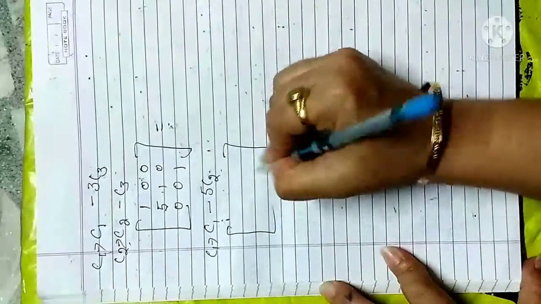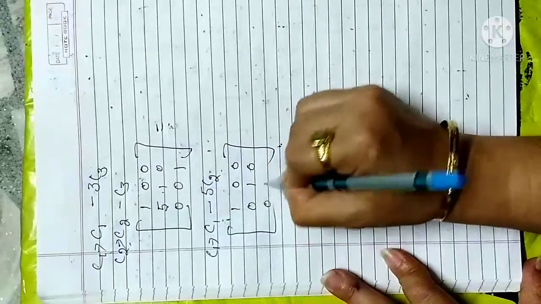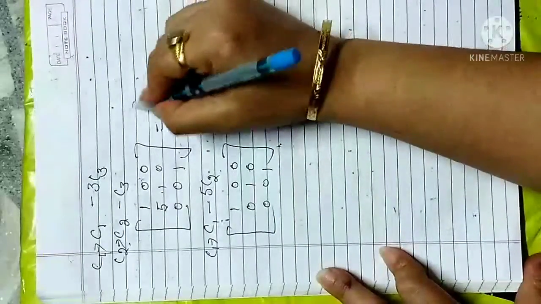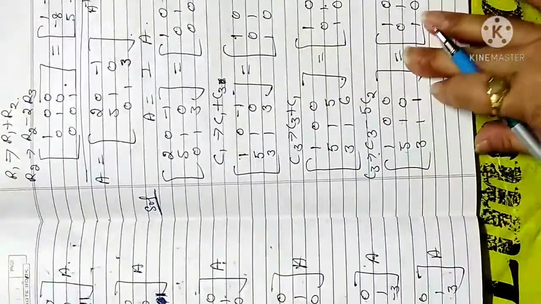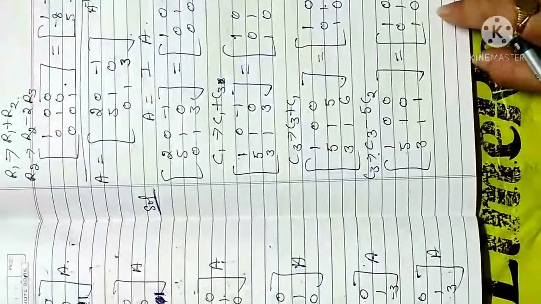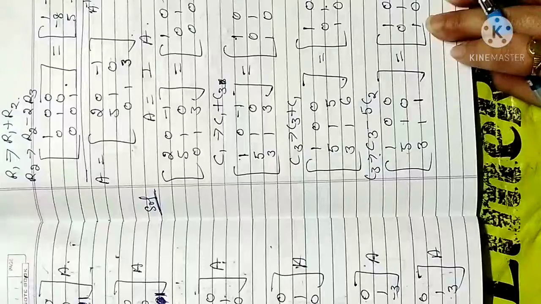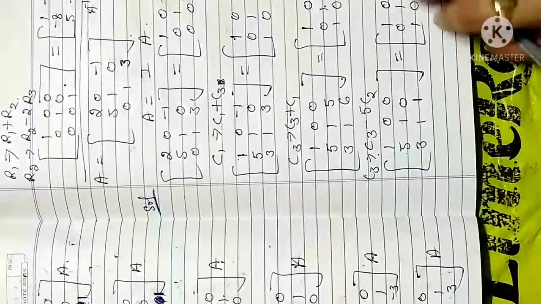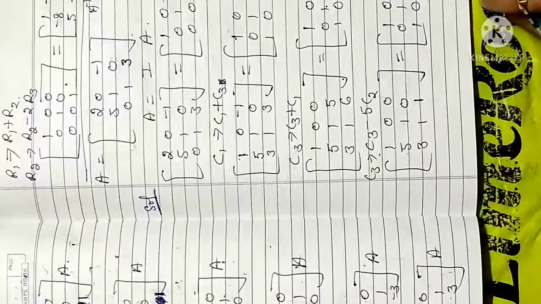So after that I will get directly my identity matrix 0 1 0 0 0 1. Now same property I apply it here, so I will get the answer here. So the property was column 1 minus 3 times column 3, so only changes in column 1 and column 2, that means the last column will be written as it is.